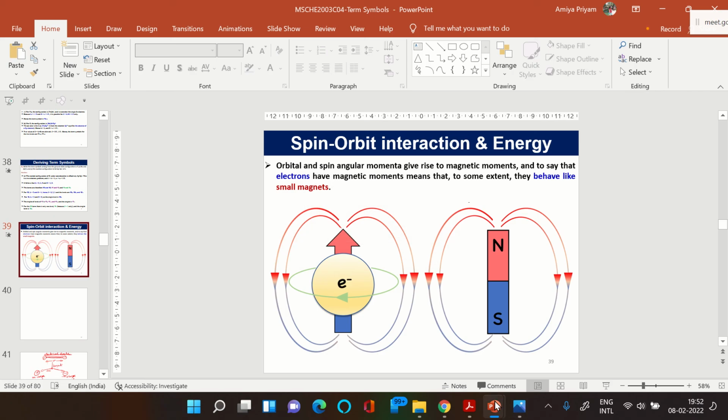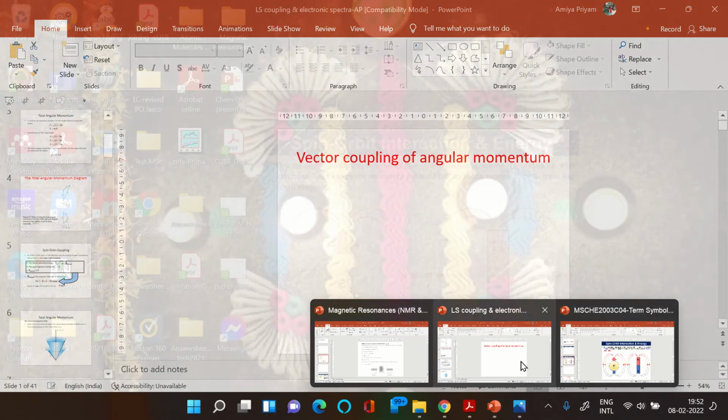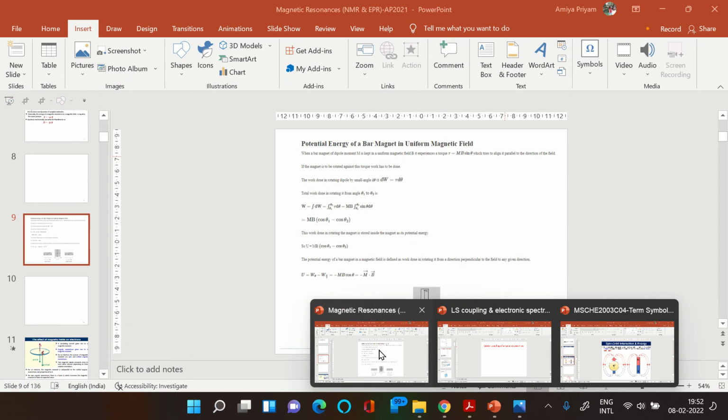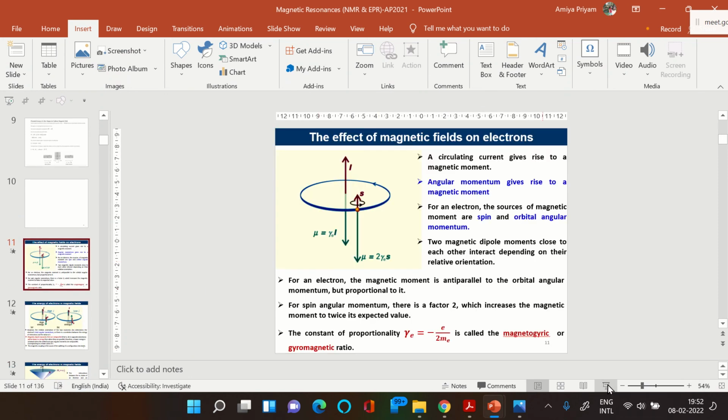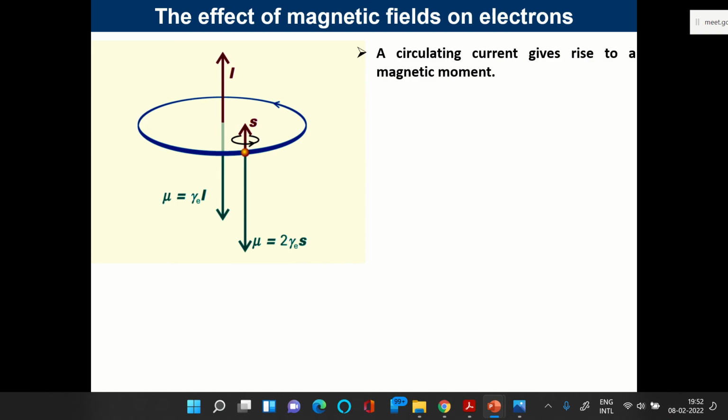So this was the point that we were trying to make. For electrons, you have spin angular momentum. If the electron is moving like this, apply the right hand thumb rule.